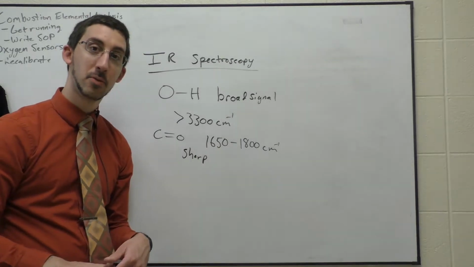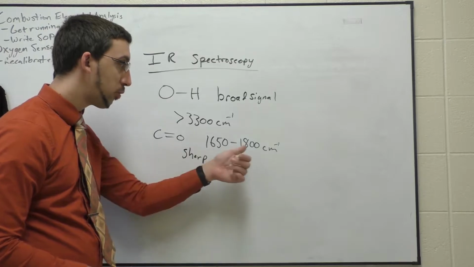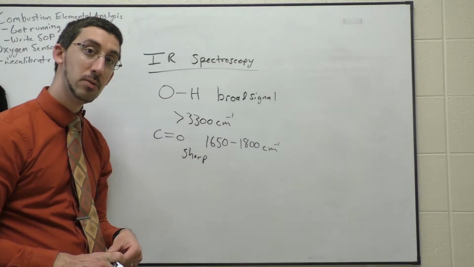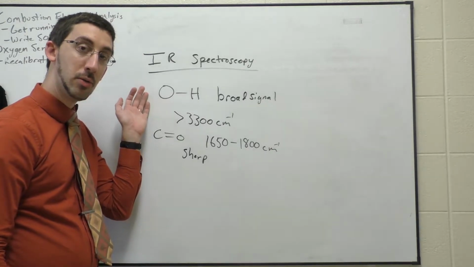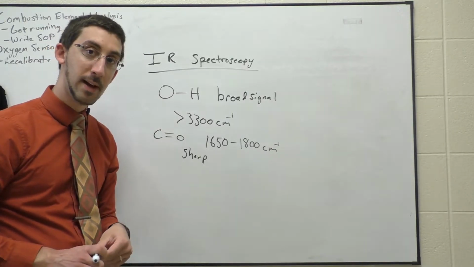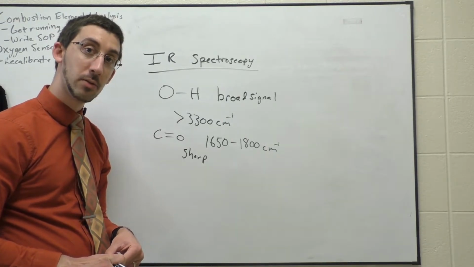We sometimes refer to them as swords. So sharp signals in this range are indicative of a carbonyl stretch. Broad signals around 3200, 3300, 3400, 3500 are indicative of OH signals.